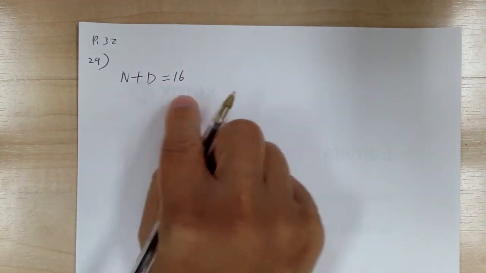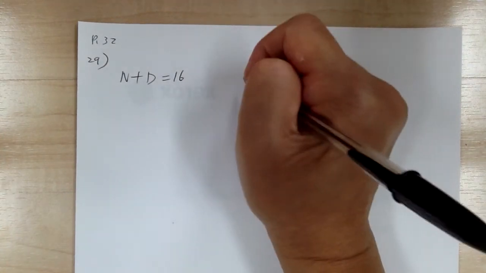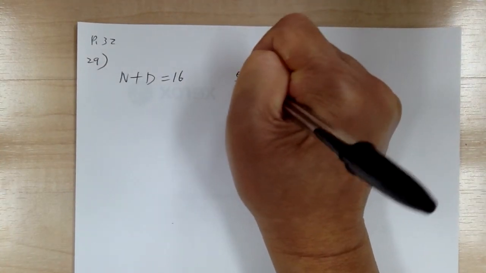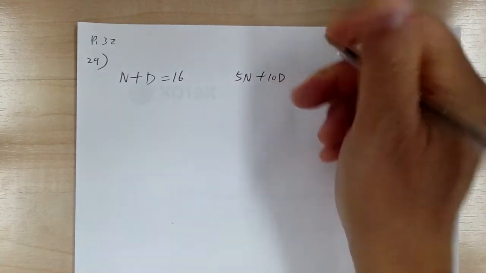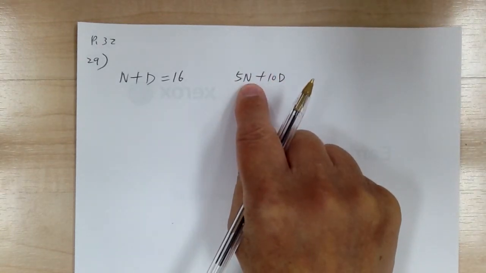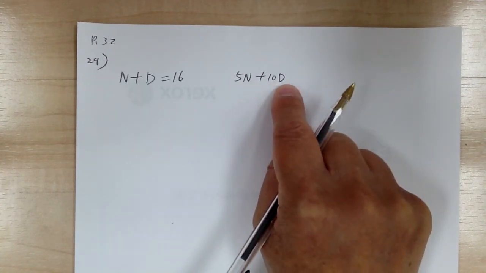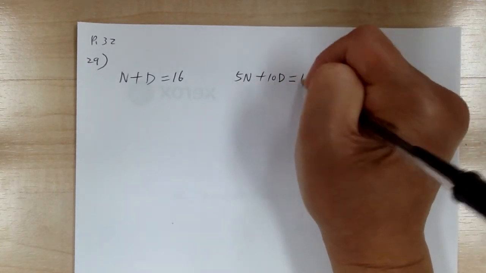So this is based on the number, and the total value is 105. So what you want to do is 5n plus 10d. So each nickel is worth 5 cents times the number of nickels. This will give you the value, and 10 cents for each dime times the number of dimes, and this will give you a total of 105.